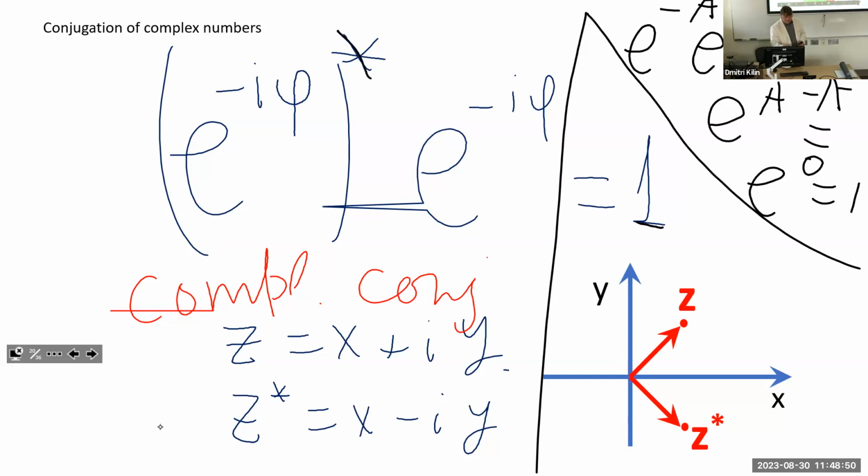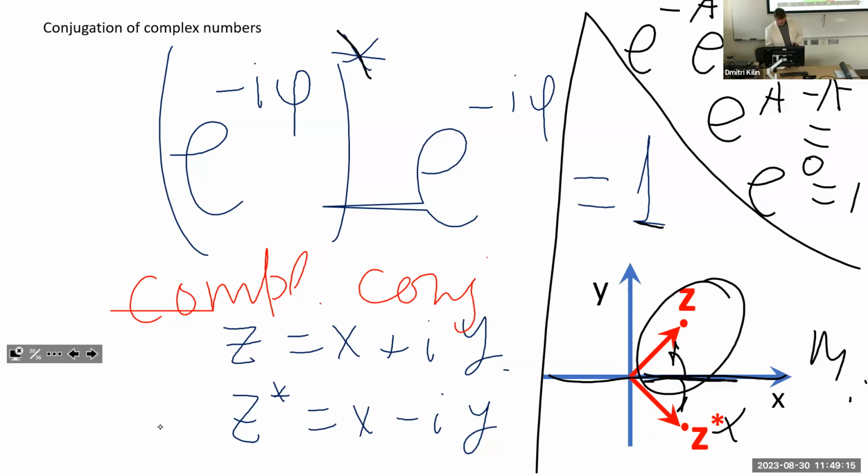The little star sign here means take whatever your complex number is and flip it, make a mirror image with respect to the axis. So the star means the real part is the same, the imaginary is different. If one multiplies them, one can see that it means rotating forwards this angle and then rotating backward this angle.